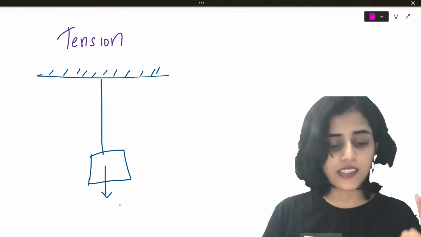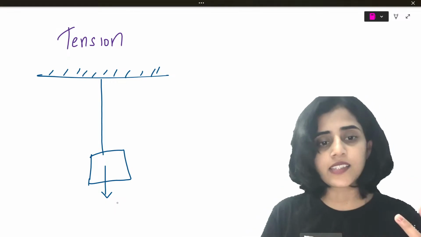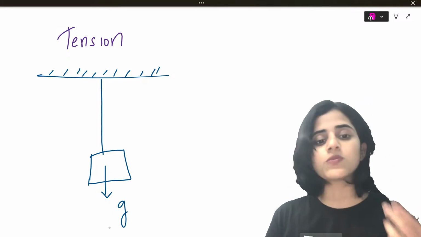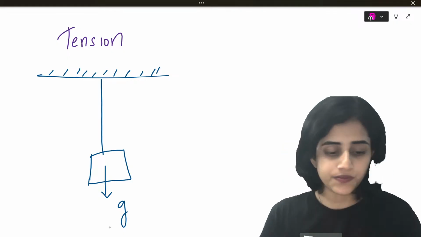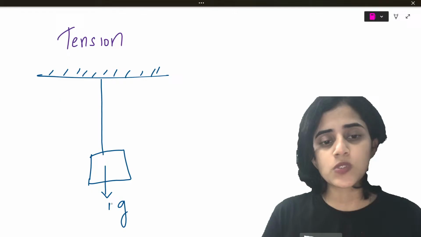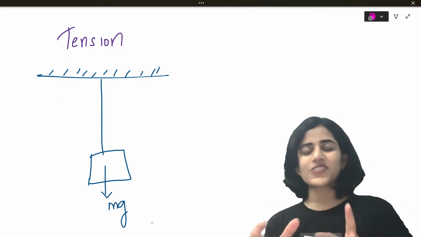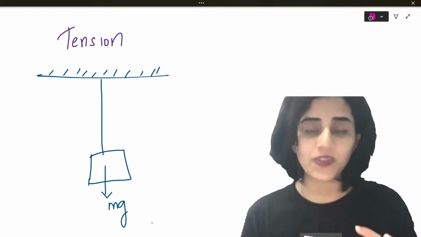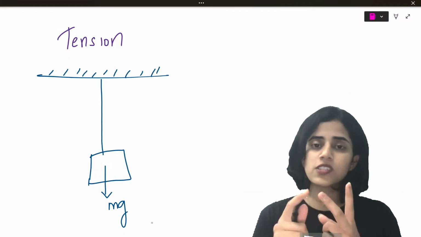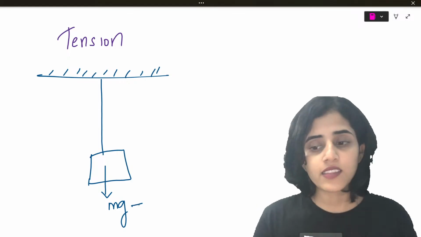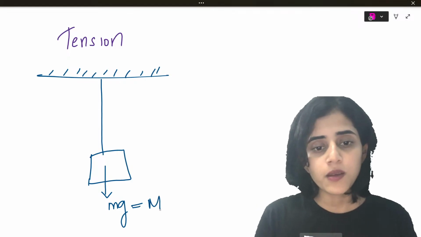The main thing is gravity acting downwards, and the mass of the object is also acting downwards. These two together act downward.